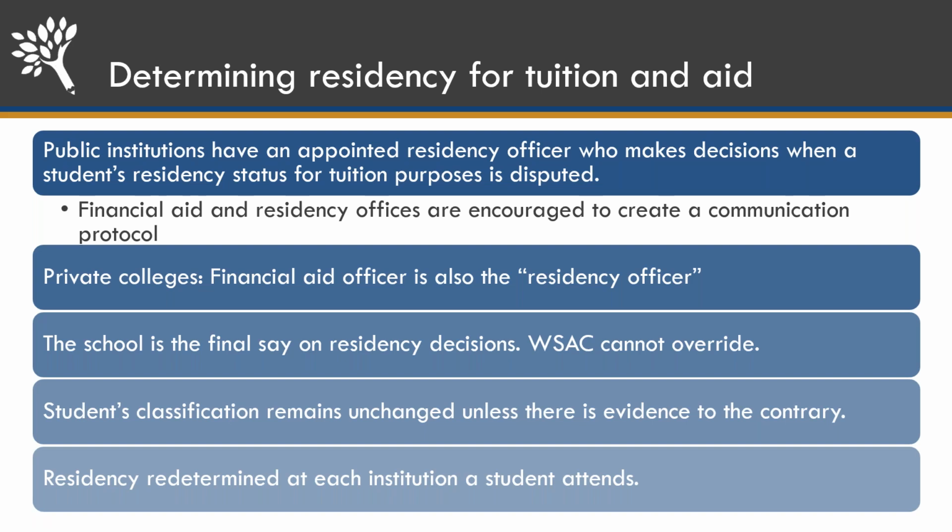And then finally, residency is actually determined at every school a student attends. So this is true if a student applies to multiple institutions and each school determines their residency. It also applies when a student transfers from one school to another. Now, some schools will look at the residency from a previous institution and just use that, but not all schools do that.